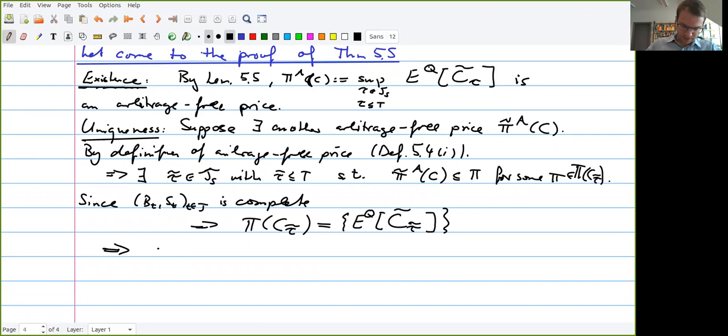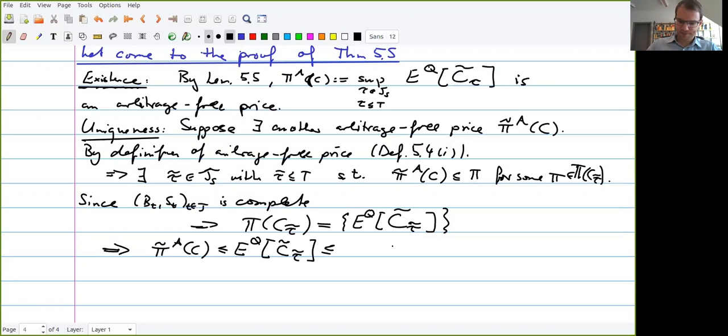If I look at the price of the American option, the other price, with tau tilde, I know it's less or equal than the expectation of the discounted payoff. This is what I claimed here, or it has to be true in order that this is an arbitrage-free price.